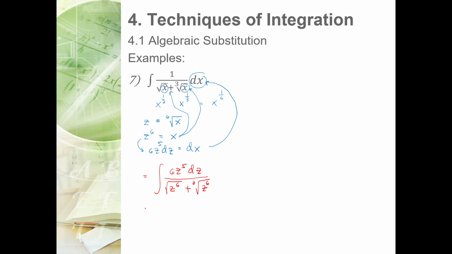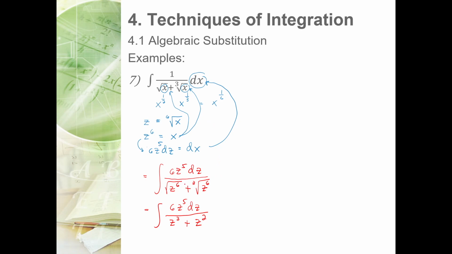Notice that z to the 6 is a perfect square, right? It can be represented as z cube times z cube. So 6 z to the 5th dz, this becomes z cube, and then my cube root of z to the power of 6 becomes z squared. So I have eliminated the radical expression.